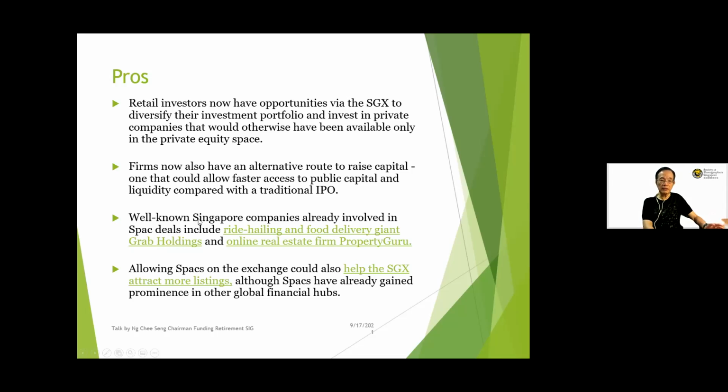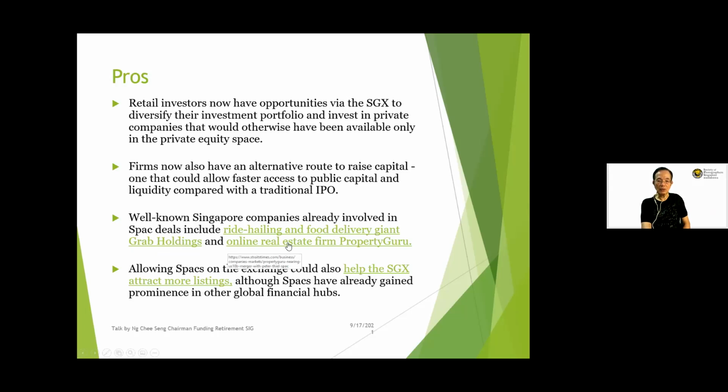But now with this SPAC structure, it is more helpful for them to work with a certain SPAC company so as to be acquired by this SPAC company to get listed. That will be a much simpler and cleaner process. So that's why Grab went the SPAC route and got listed overseas.